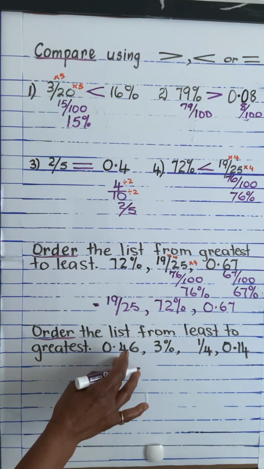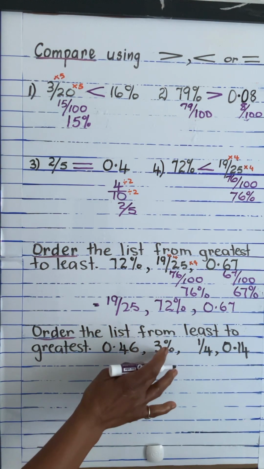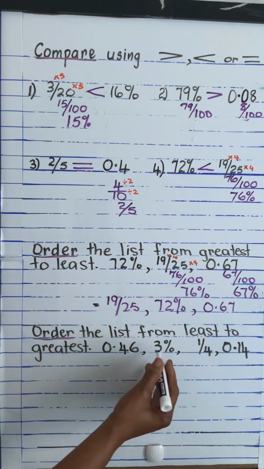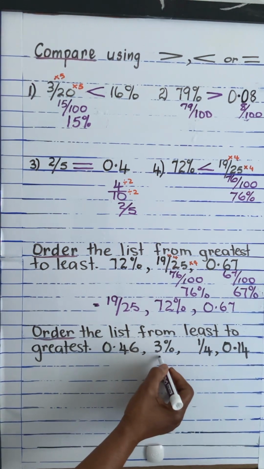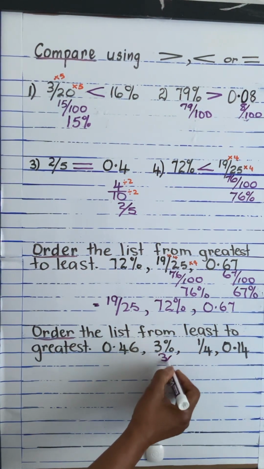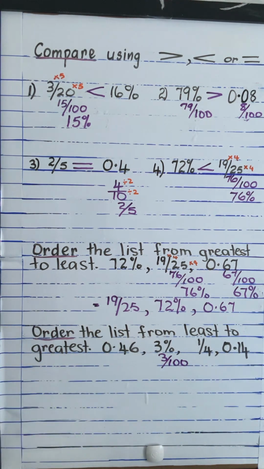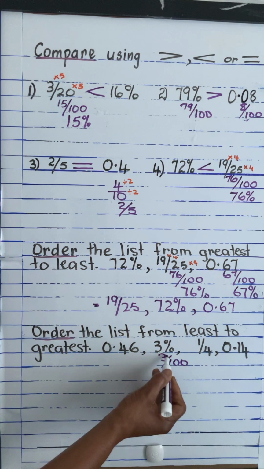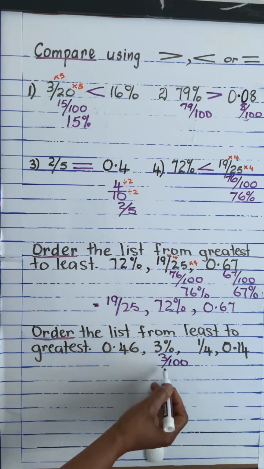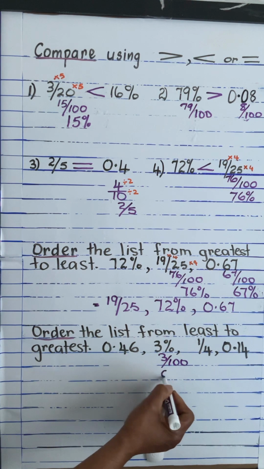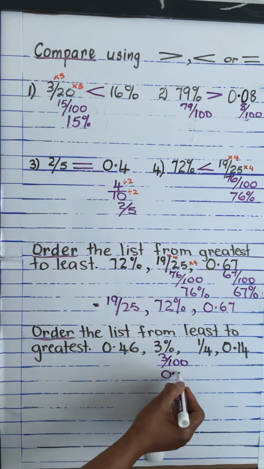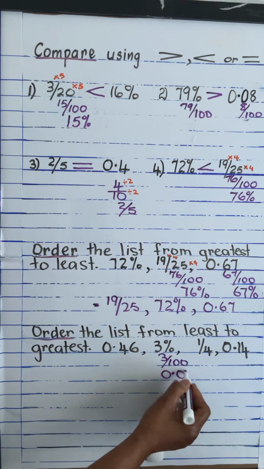Here we already have 0.46, and now we have 3%. 3% means 3 over 100, and when we divide by 100, we move the point 2 places to the left, and the point is understood to be behind the 3. So 1, 2, that would give us 0.03.